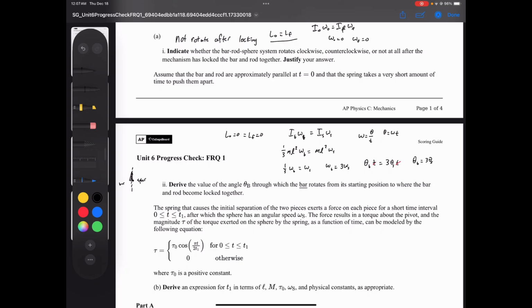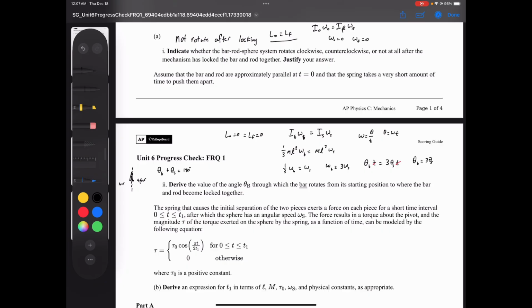They have to end up 180 degrees apart, so theta of the bar plus the theta of the sphere has to equal 180 degrees, and the bar has 3 times the angular displacement of the sphere.